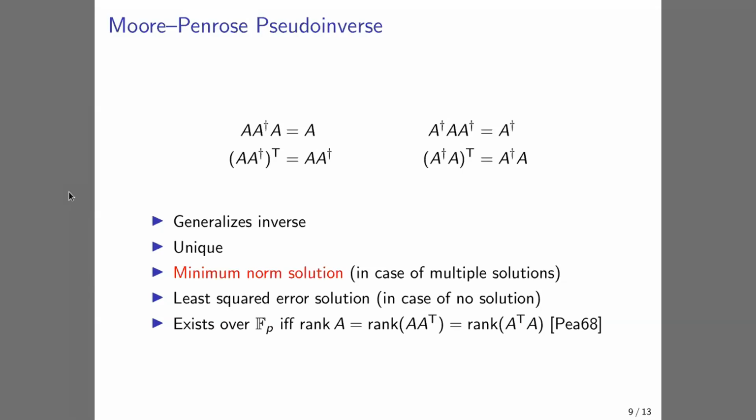Over the rational numbers, the pseudoinverse always exists. But when it comes to finite fields, you do have to take into account, again, this slightly weird notion and problems due to self-orthogonality. So it only exists if you satisfy the condition on the bottom line here, which is due to Penrose more than half a century ago.